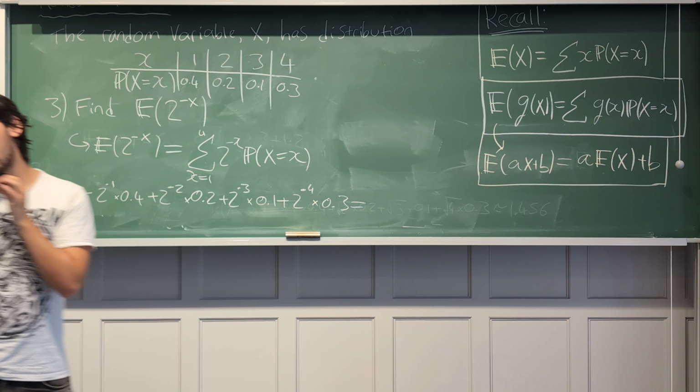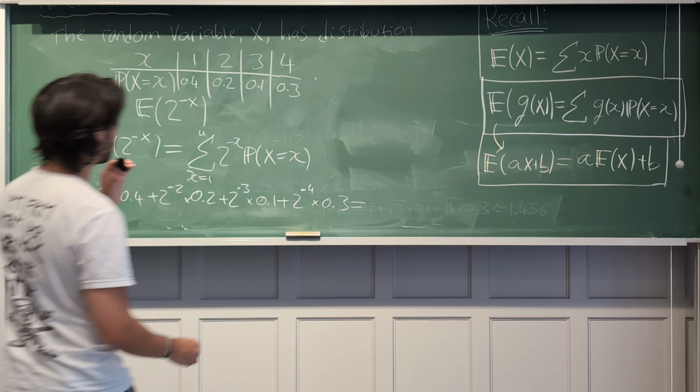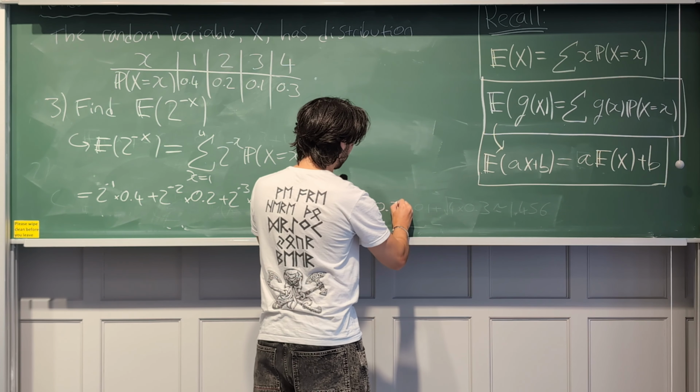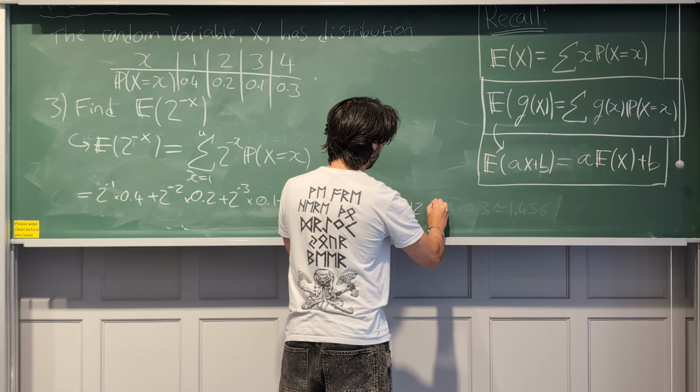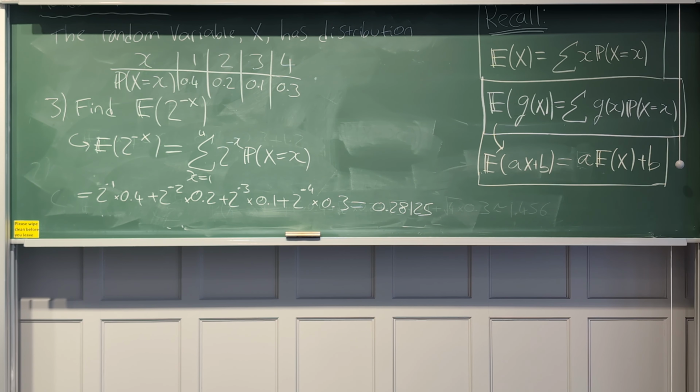Again, I'm going to save you the time because it's a little bit long and boring. We end up getting 0.28125. Feel free to check that for yourself, but that is the answer to that one.